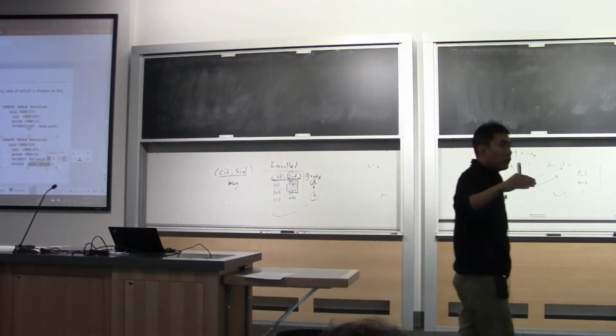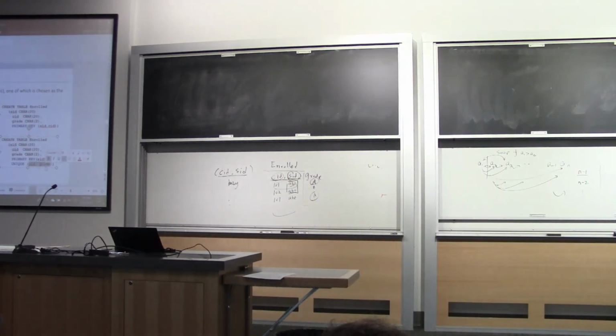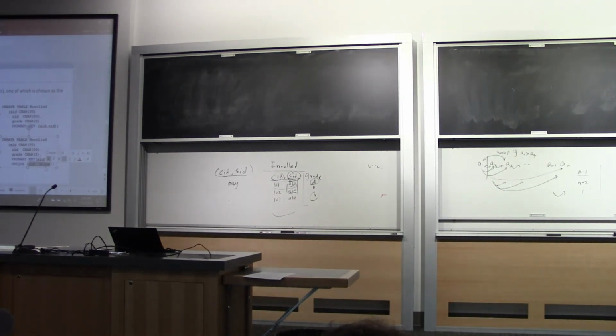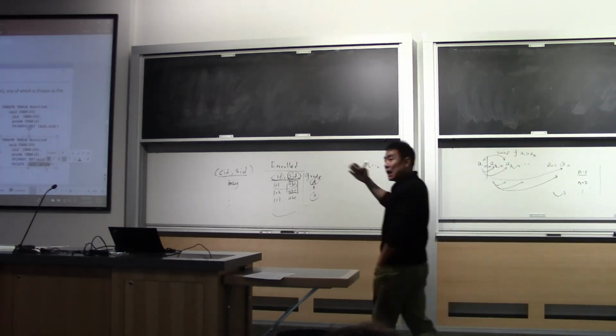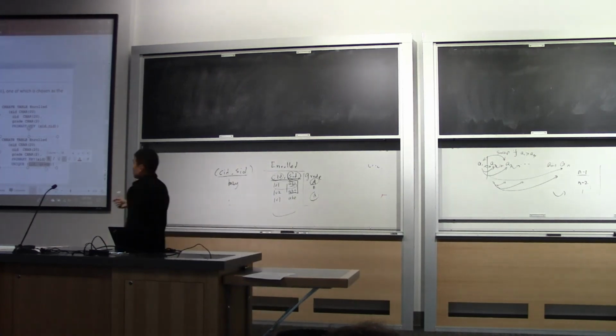So, very important: database developer, database designer, you do not decide what keys you have. The application you work for dictates what keys you have and how the key is composed. In this example, the university administration tells you what the keys are.